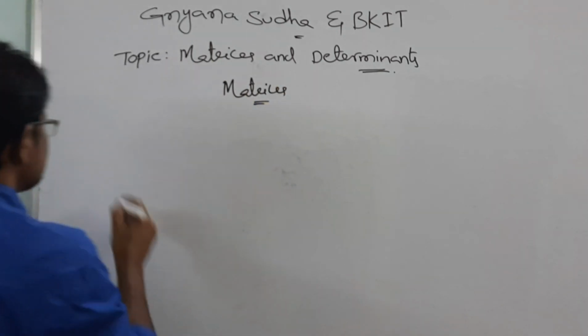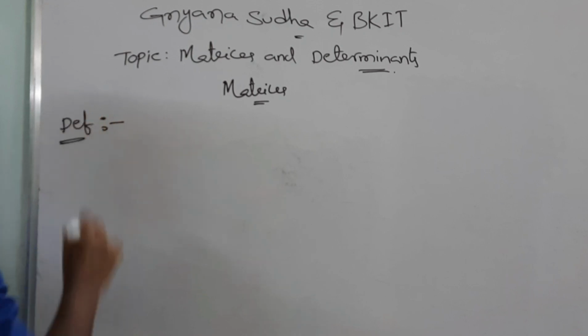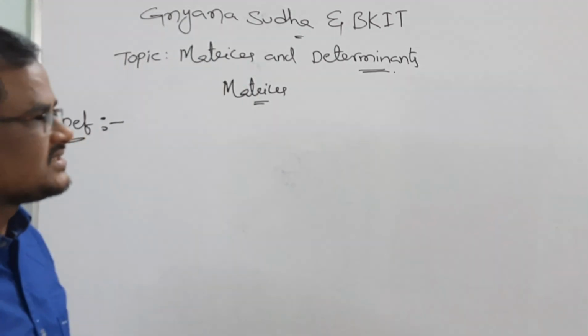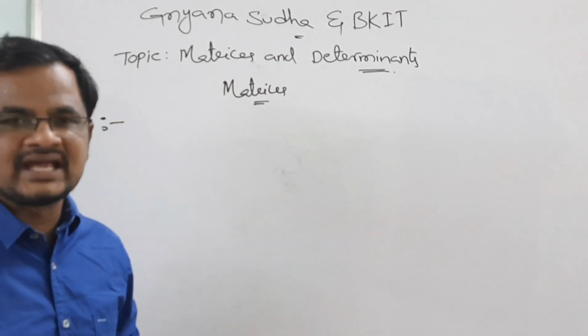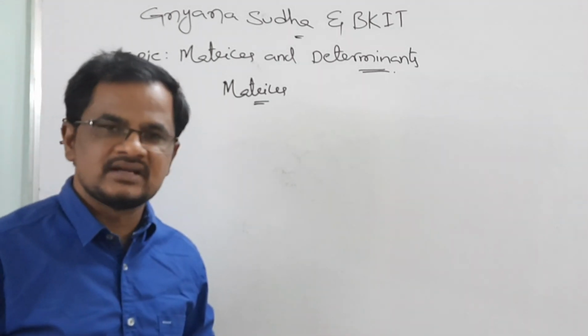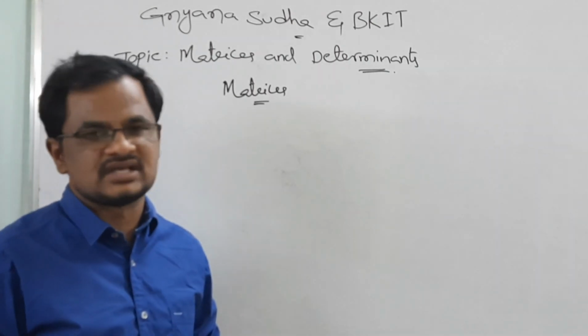Matrices. First, definition. Definition of the matrix: a matrix is an ordered rectangular array of elements or functions also.